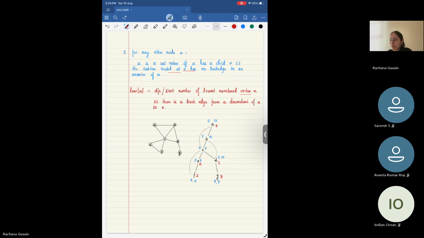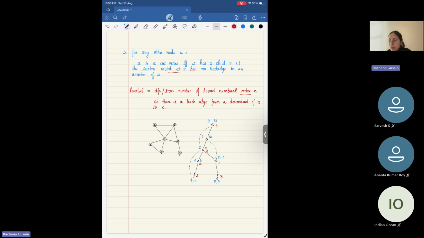C. It's 0. If I look at the children of C, they have a low of 1 and 2. But from C itself, there is a back edge to the root node, and therefore the lowest start number that we can reach from C via 0 or more tree edges followed by a back edge is equal to 0. So C has a low of 0.